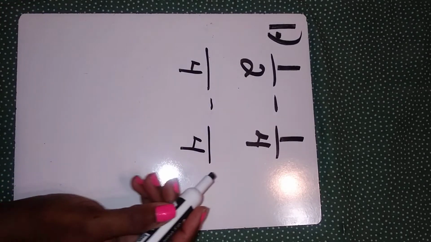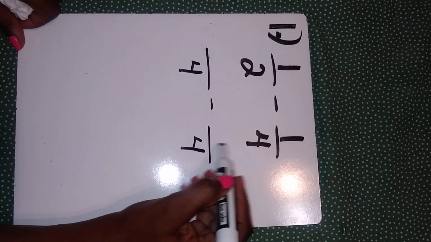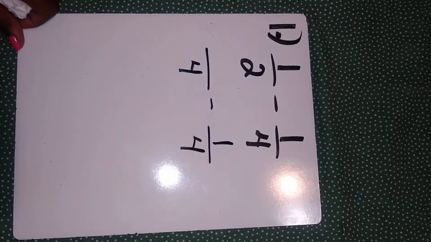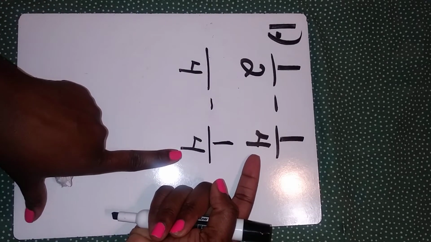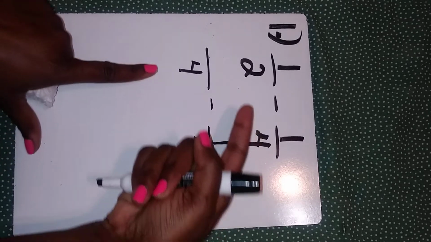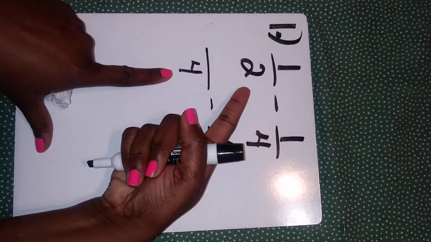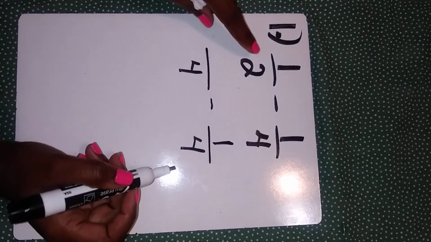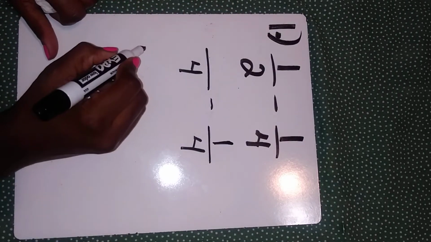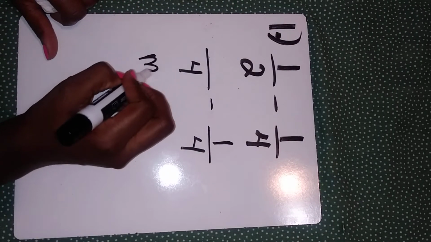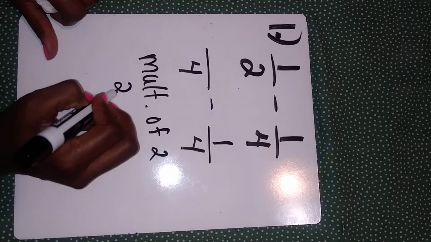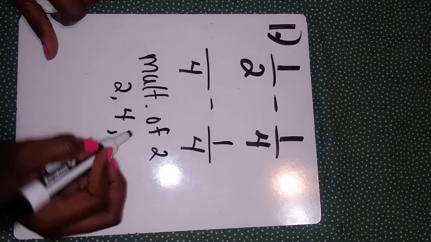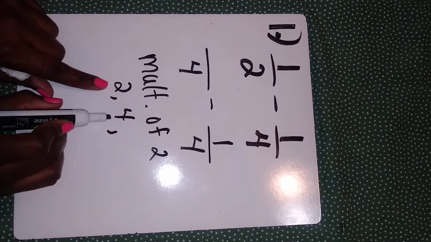Remember, I told you all in class that if your denominator doesn't change, your numerator does not change. So this one, since its denominator is already 4, that means that denominator is not going to change. But this one over here, our denominator did change, okay? Now, I told you all a while back that when I looked at my multiples of 2, I noticed that 4 was my second number that I wrote.